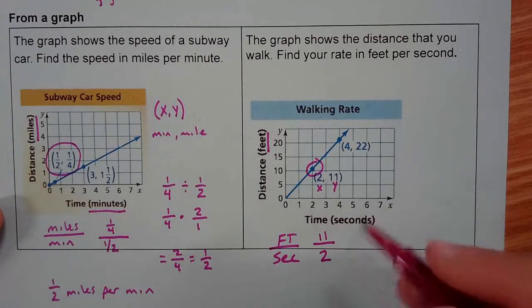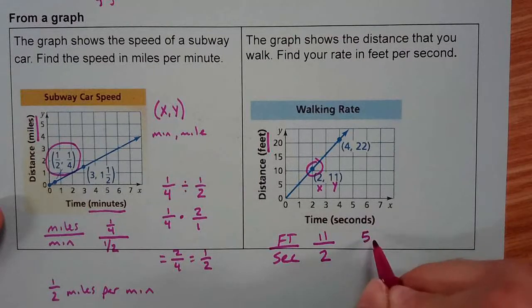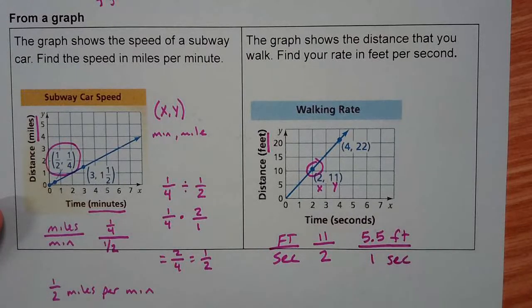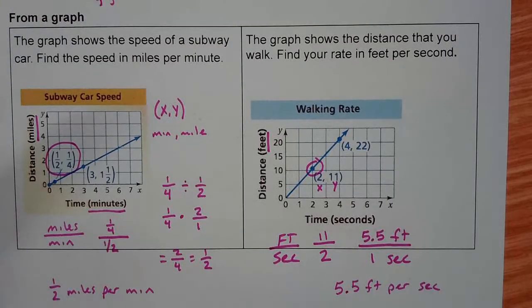When I divide this, I get 5.5 feet for 1 second. So we would say our speed is 5.5 feet per second. And that is our review of ratios, rates, and unit rates.